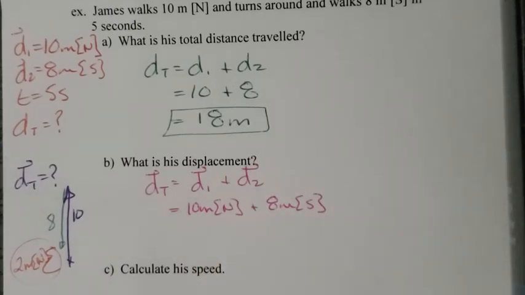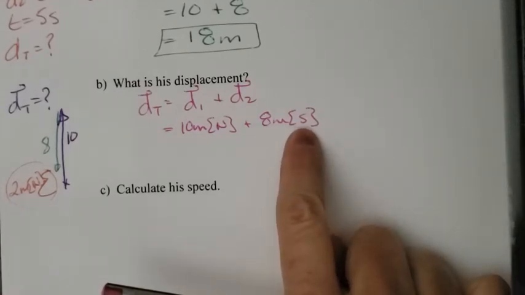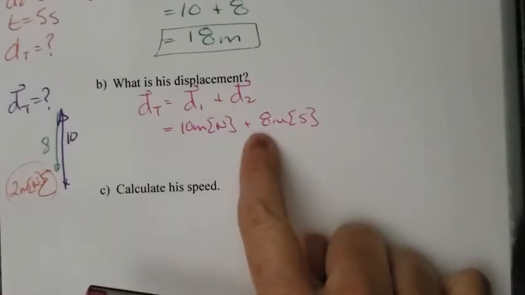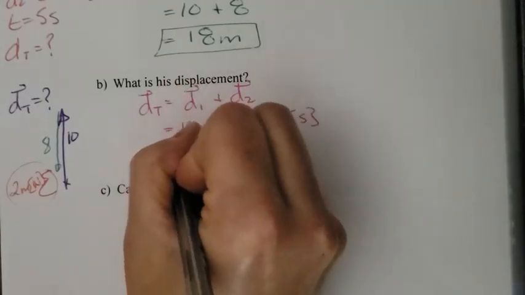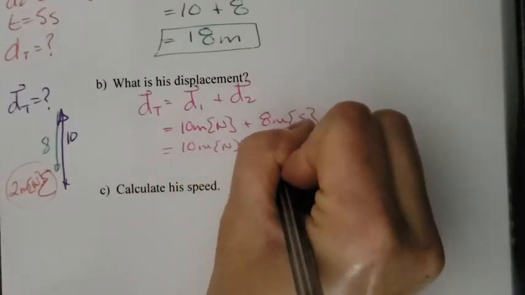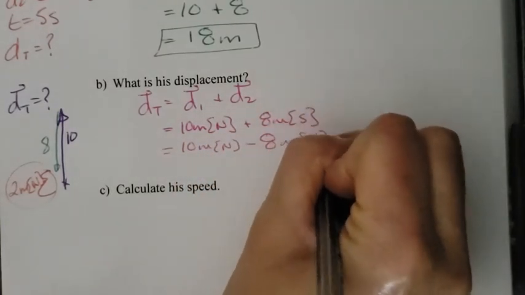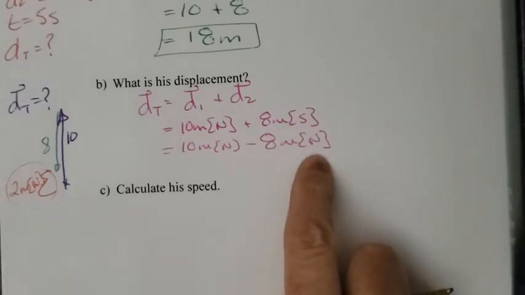And in physics, there's a really easy way to accomplish this. To change this to a north simply means to turn around. So all we have to do is make this negative. So it becomes 10 meters north minus 8 meters north. When you make a direction negative, you simply flip it around.